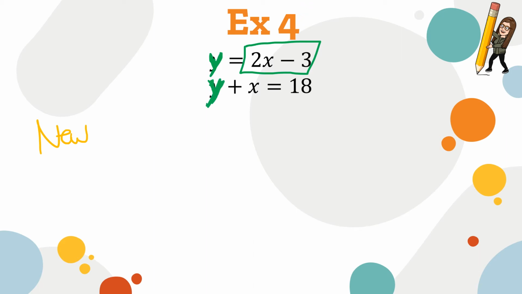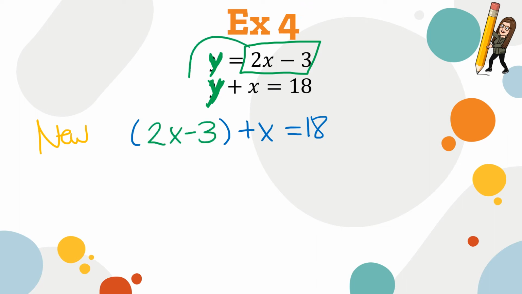Well, if it's equal to y, it's got to go in for y, so watch this. I'm going to write the equation, but where there's a y, I put parentheses. And where there's parentheses, I'm going to write my isolated expression. See that? I substituted it in. That's all that's new right there.